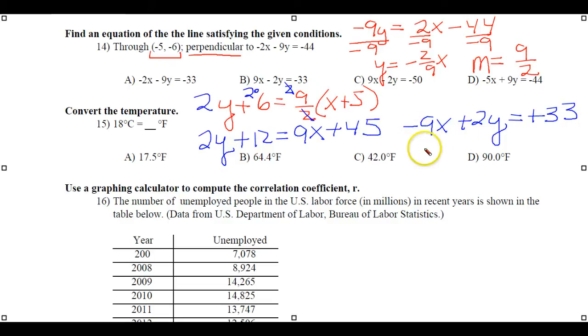So we're going to change all the signs by multiplying every term by a negative 1. This gives us 9x minus 2y equals a negative 33. And we see we get letter B. And there's the work needed to support that answer.